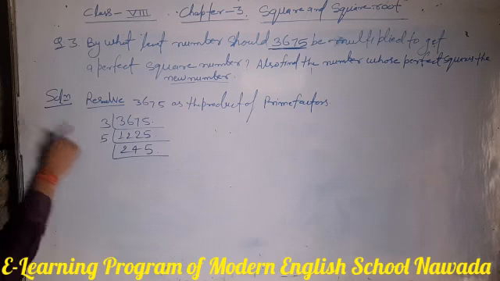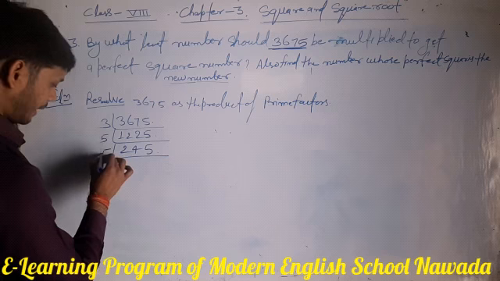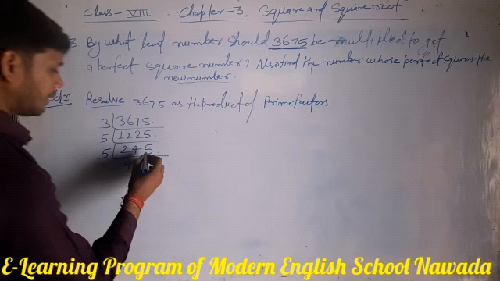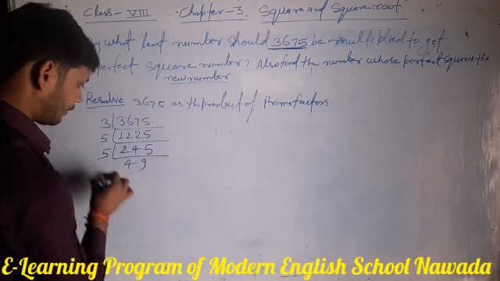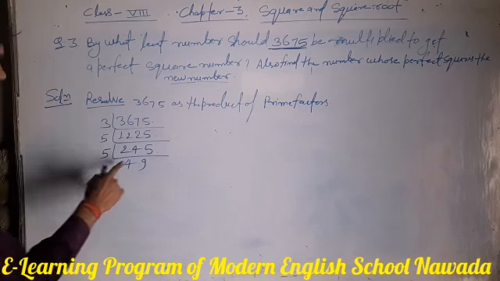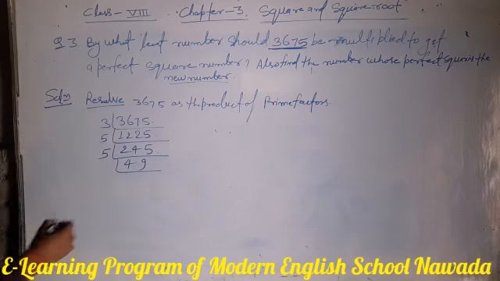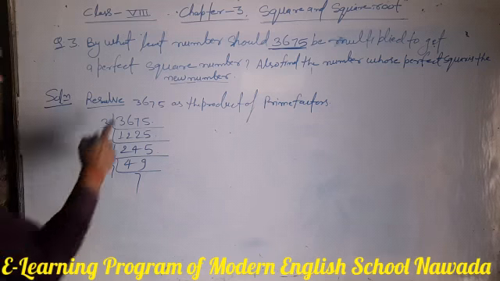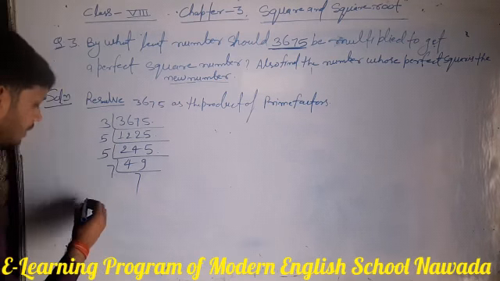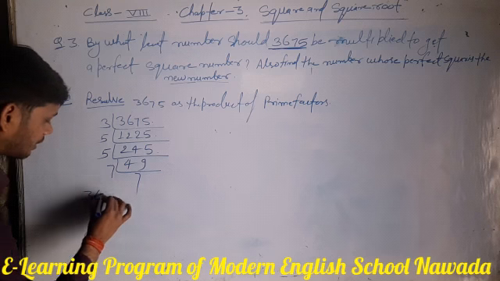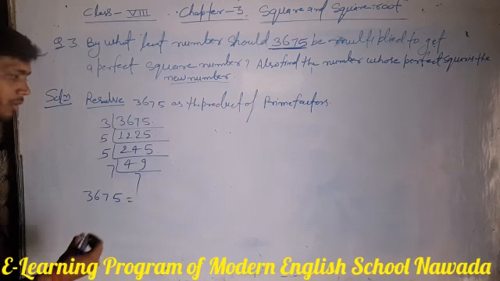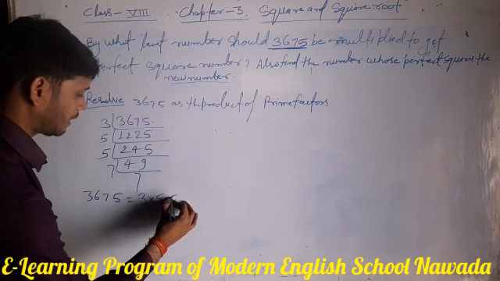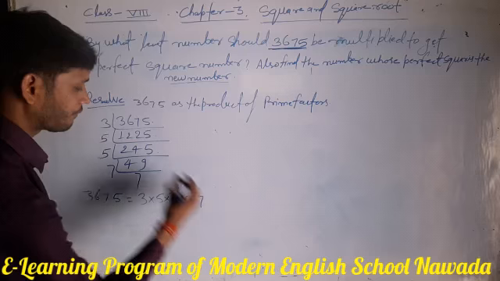Again divide it by 5: 49. After that, 7 times 7. So it will be written as 3675 is equal to 3 into 5 into 5 into 7 into 7.